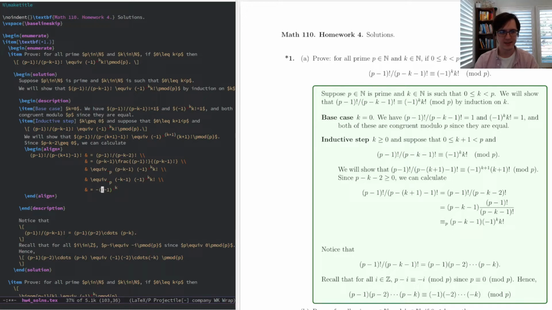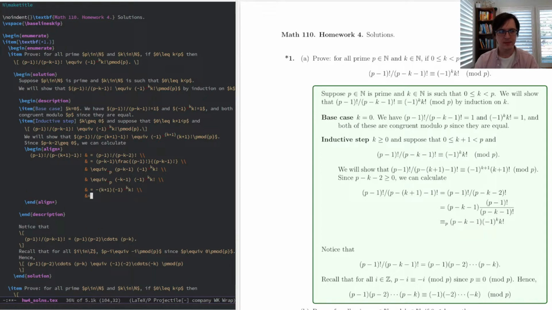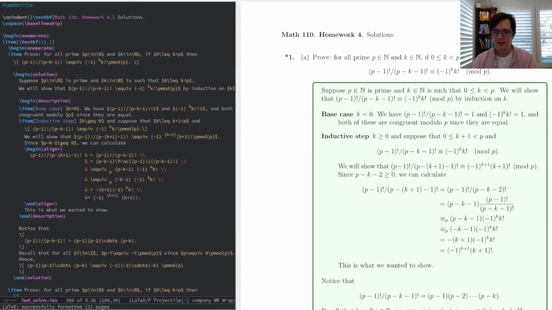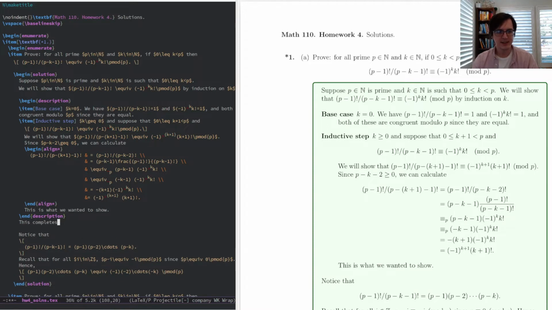I'll do this in a couple steps. So it's minus k plus 1. Anyway, then we get minus 1 to the k plus 1, k plus 1 factorial. This is what we wanted to show. And then this completes the induction.